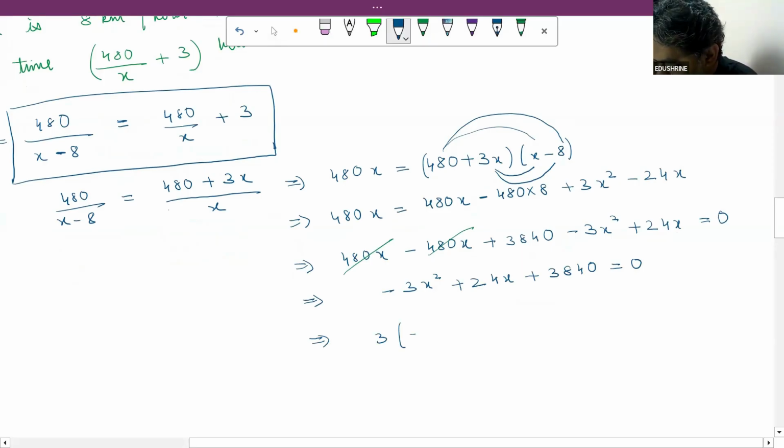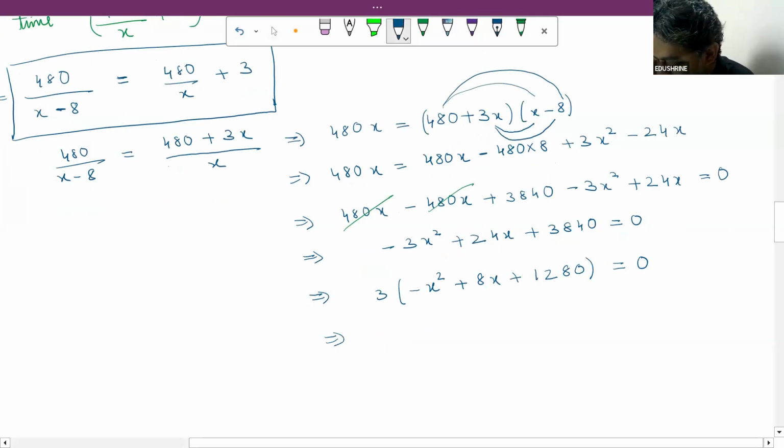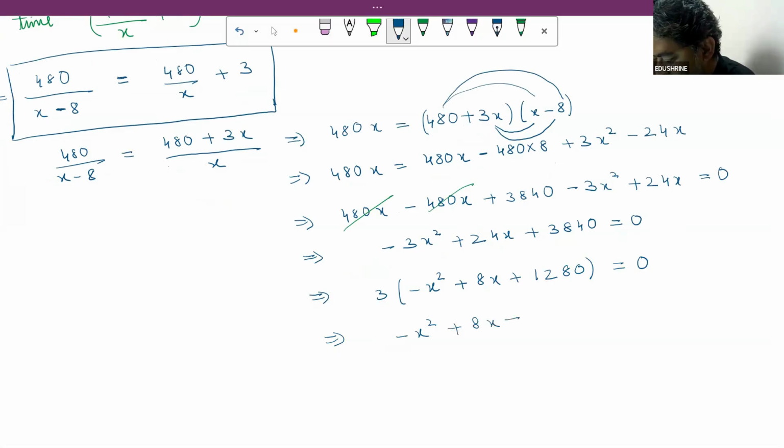If I take 3 common, this becomes minus x square plus 8x, and this will become 1280 equal to 0. This 3 I can send to the right hand side. So finally I get minus x square plus 8x plus 1280 equal to 0.